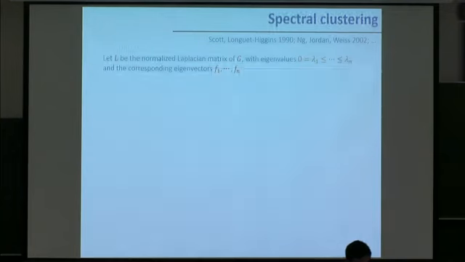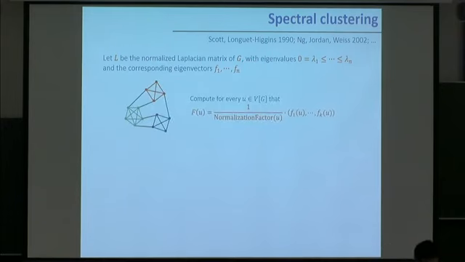Around 25 years ago, spectral clustering was proposed, and this can be summarized as the following three simple steps. For simplicity, we only assume that L is the normalized Laplace matrix of G, and I will define L formally later. We assume that lambda 1 to lambda n are the eigenvalues of matrix L with the corresponding eigenvectors f1 to fn.